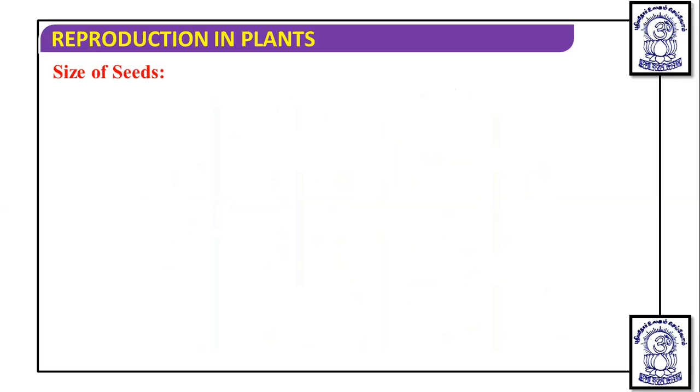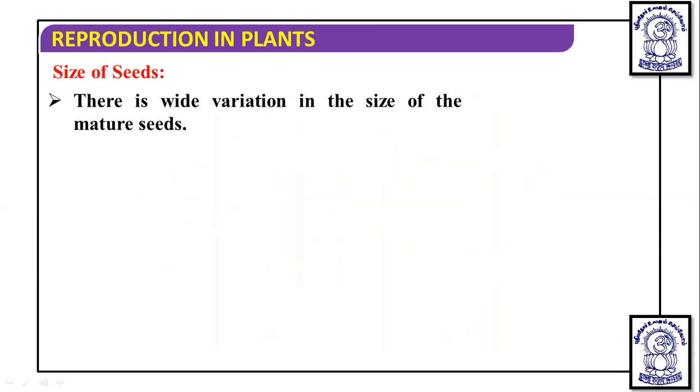Now, from that, we have to talk about the different sizes of the seed. And when we talk about different sizes of seed, we come to know that there is a wide variation in the size of mature seeds. There is a wide variation.